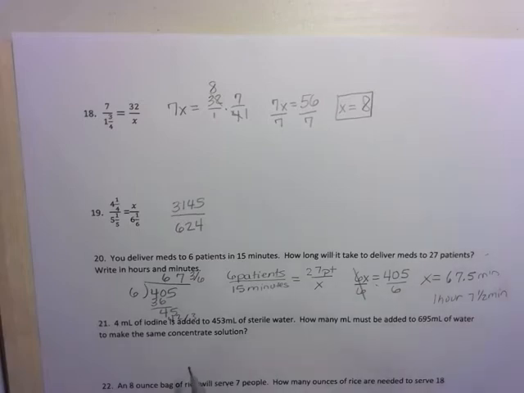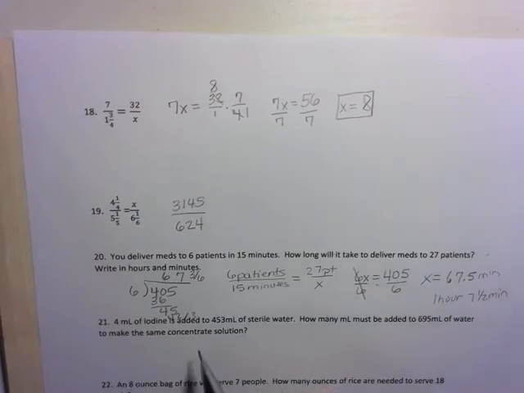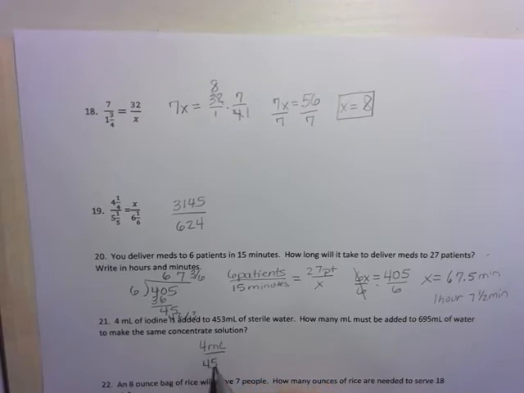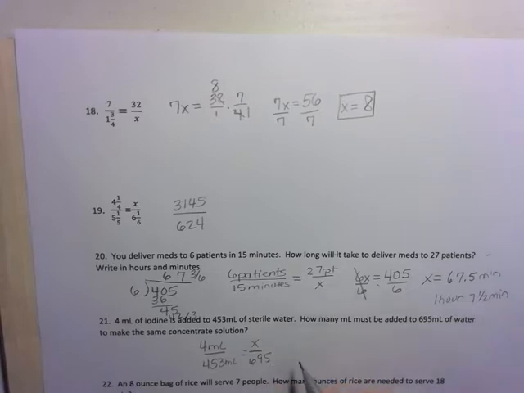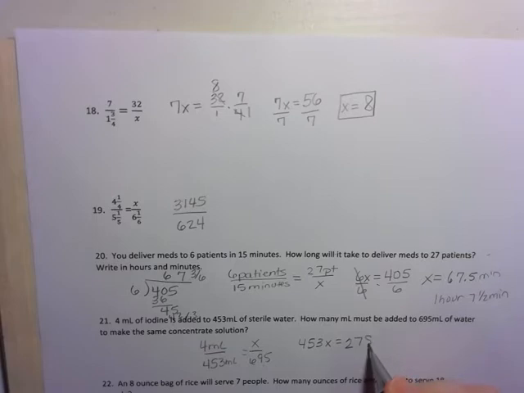Here I'm going to set up my ratio, 4 ml to 453 ml equals x over 695. I'm going to do my cross product, and I get 453x equals 4 times 695, which is 2,780.